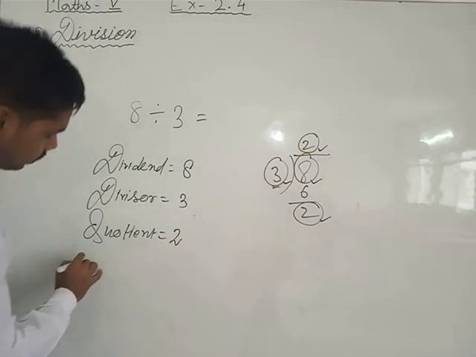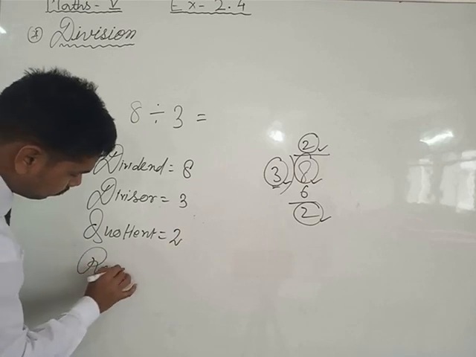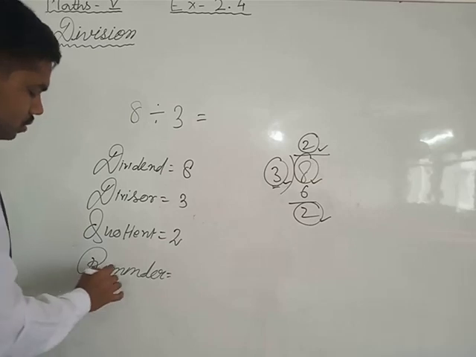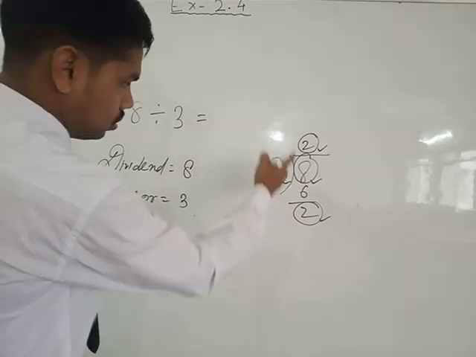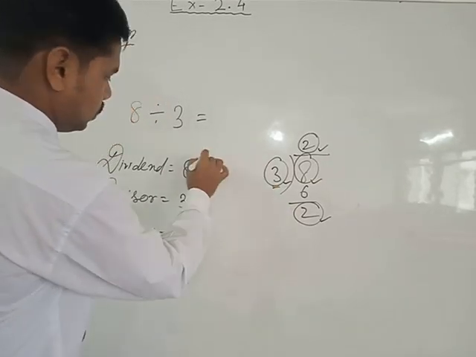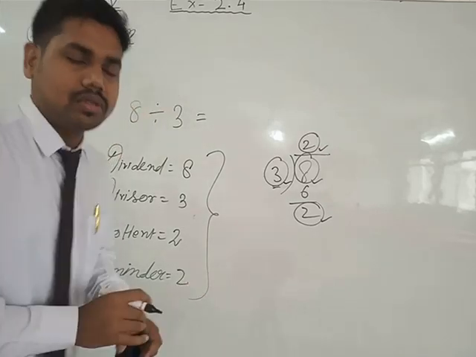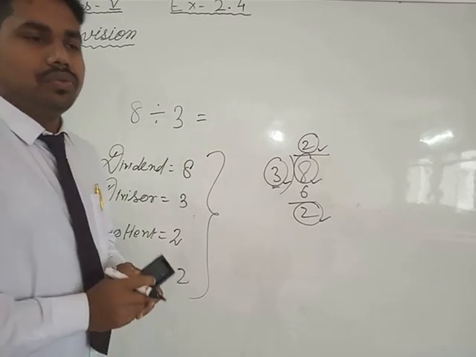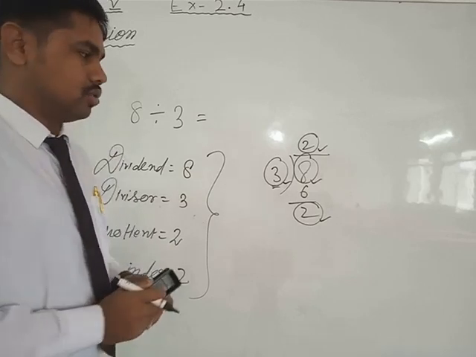And then remainder is equal to 2. So these are the terms related to division. This is how you can do it for large numbers also.